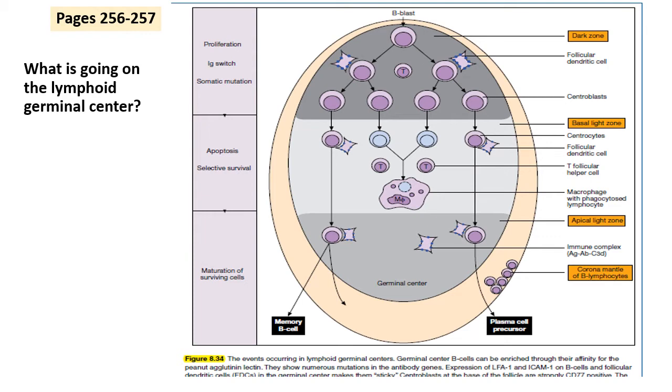Resting small B lymphocytes, upon encountering T-dependent antigen, transform the primary follicles into secondary follicles. As you can see from this figure, it's very clear how the transformation occurs.